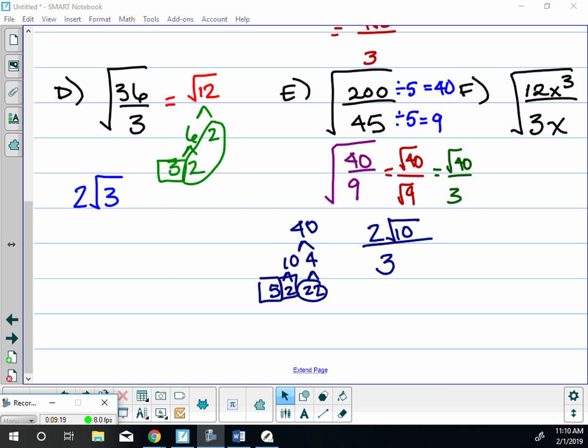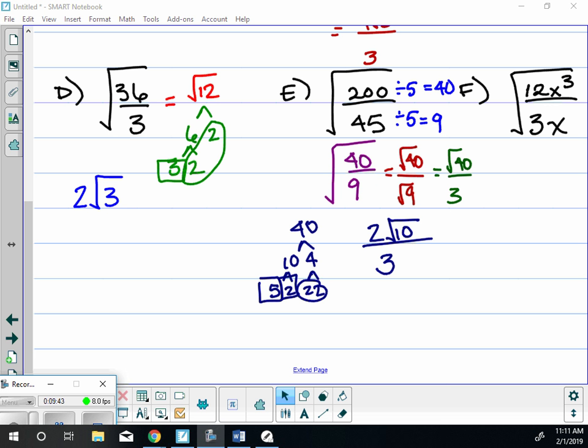What happens if we add in variables? Okay. Adding in variables really doesn't change anything as far as what our end goal is. We are still looking for pairs.